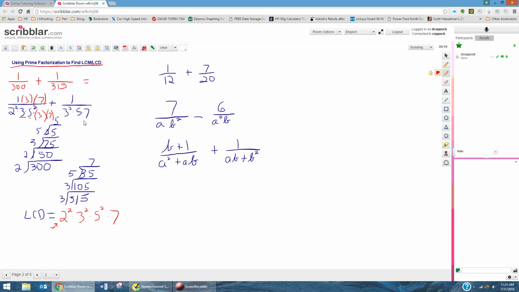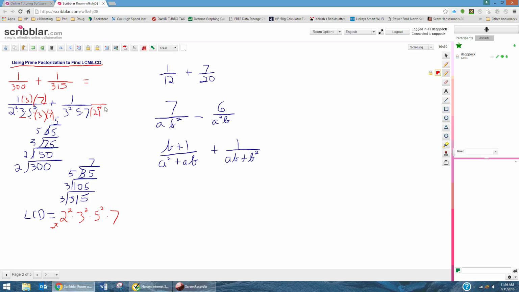Now what are the missing factors from this second denominator? Well, I need a 2 squared in the LCD, and I don't have that at all here. So I need 2 squared, or 4. I already have a 3 squared. I need a 5 squared.